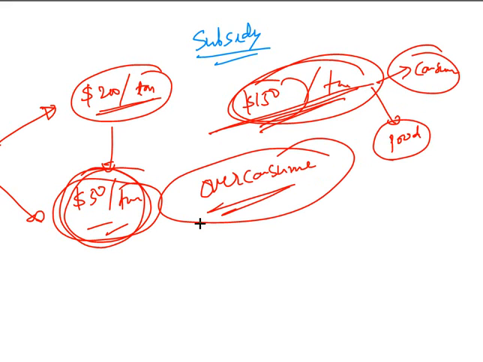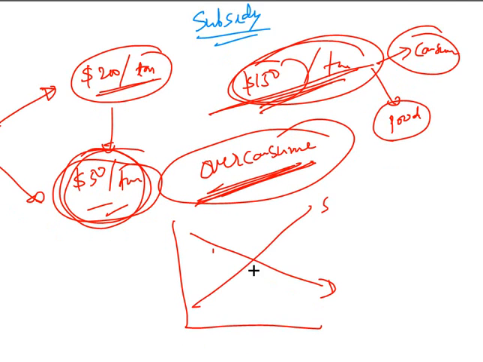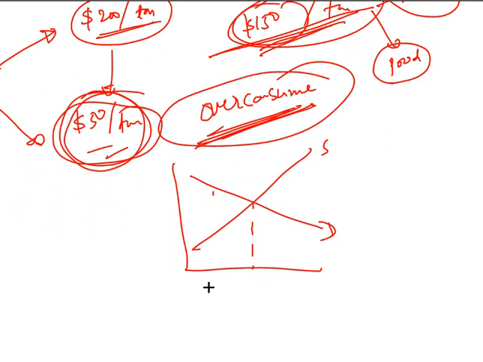Now if there is more demand, think about it, this is your demand curve and this is the supply curve. This was the equilibrium quantity and price. Your equilibrium price was 10, but the government says you will be able to buy something at, let's say, 8 rupees. When 8 rupees is there, this will be the demand. Demand increases and suppliers will also produce more, because suppliers are not suffering the losses.